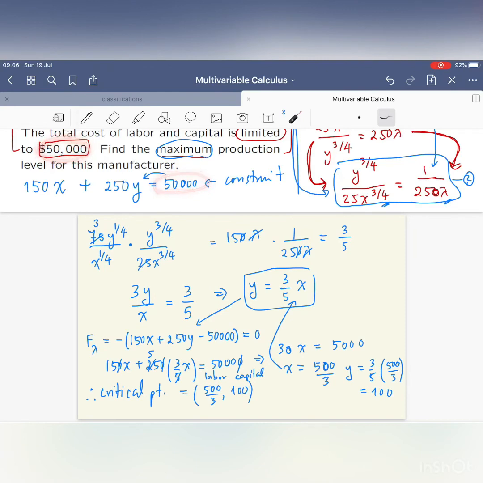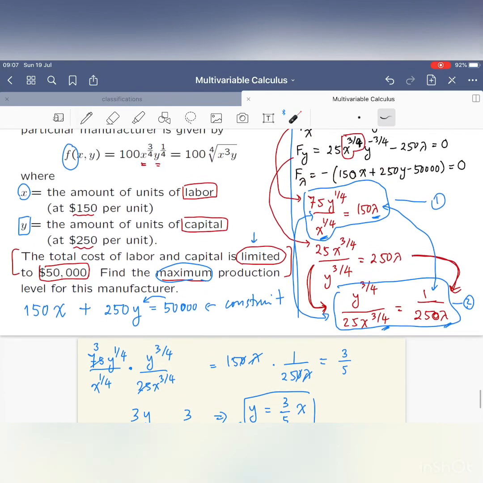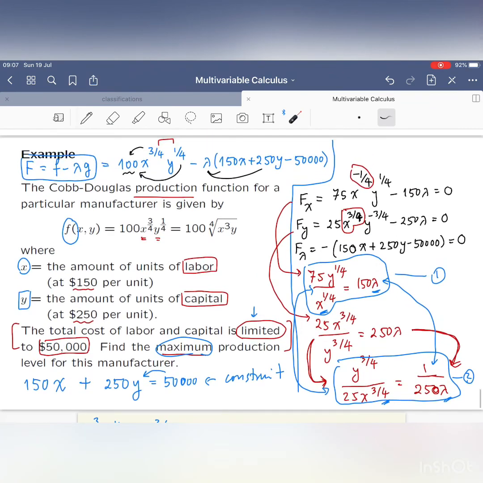After you given the maximum investment like this, you got this critical point, only one critical point. Of course, this critical point will give you the maximum production.